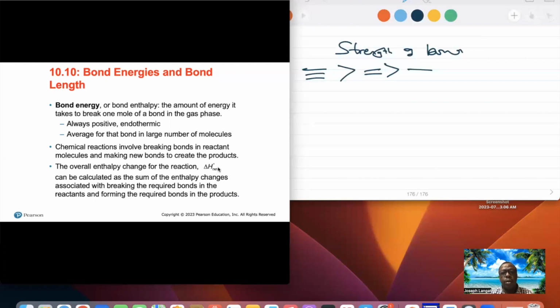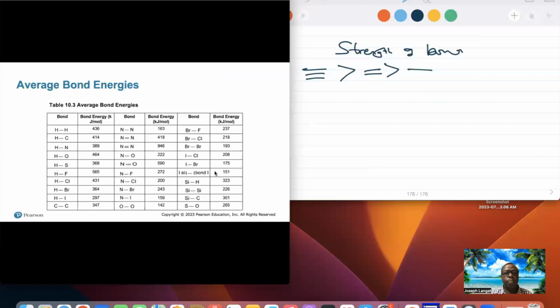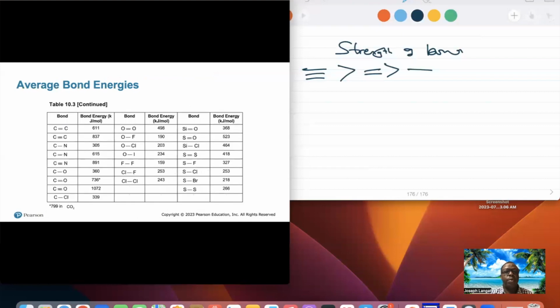We will use the bond enthalpies to calculate the change in enthalpy for the reaction, just the way we did before. Look at the double bond, the triple bond and the single bond. The triple bond is the strongest and needs a lot of energy. By the way, this is kilojoules per mole, for 1 mole.